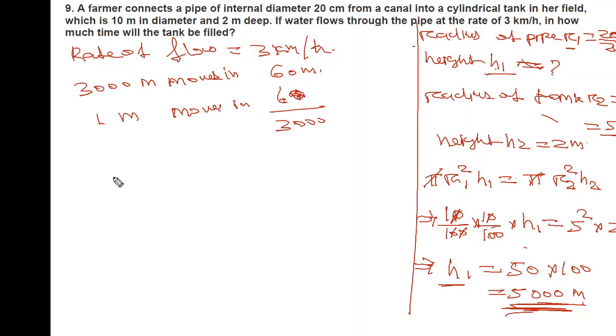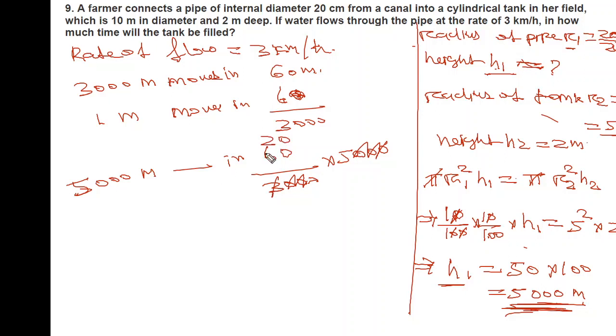Then 5000 meter it has to move, so 5000 meter moves in 60 by 3000 into 5000. Now you can cancel 0 0 0 and 0 0 0 here. 3 2, it will be 20. 20 into 5 equal to 100 minute.